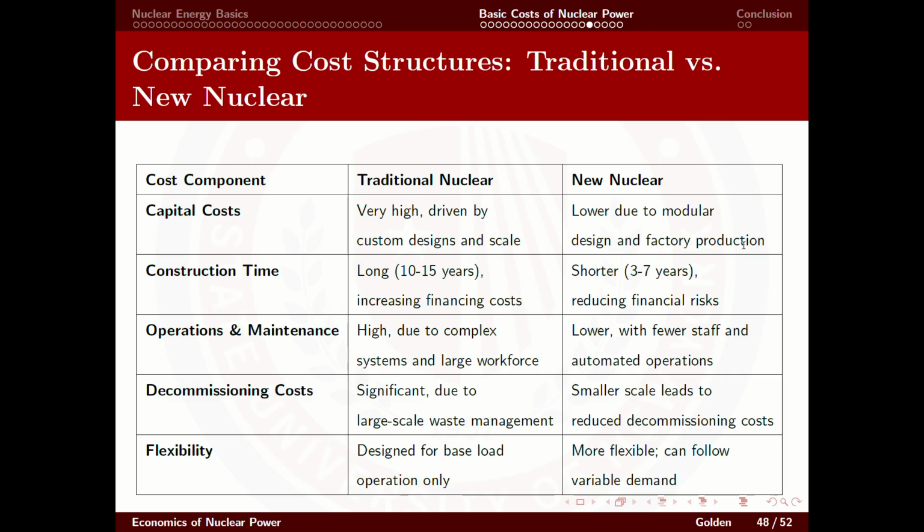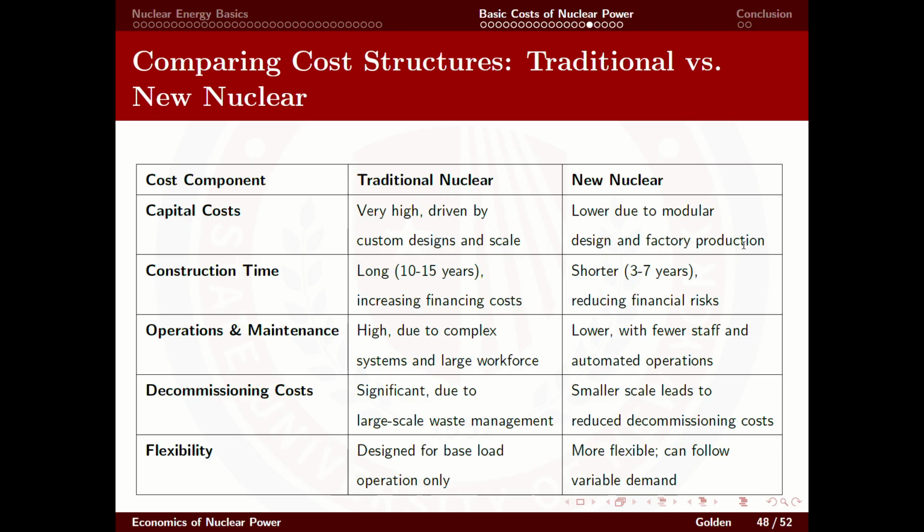So the problem with traditional nuclear, part of it, is that you can't have too many of them because they all have to run, and if they all have to run, you overwhelm the grid. With new nuclear, that's not really a problem. It's more flexible, and so you can potentially have it as a variable resource in the same way you'd have some of the other resources like natural gas.